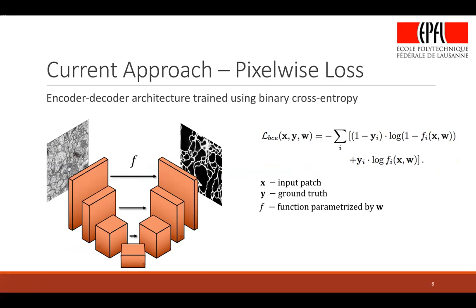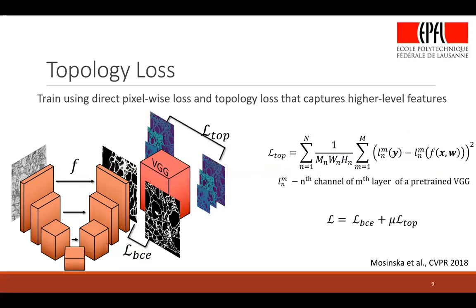So we propose a bit different approach. We proposed a new training loss term, which we call topology loss. And the idea is pretty simple. During training time, apart from comparing prediction and ground truth pixel-wise, we also compare some higher level features corresponding to prediction and ground truth.